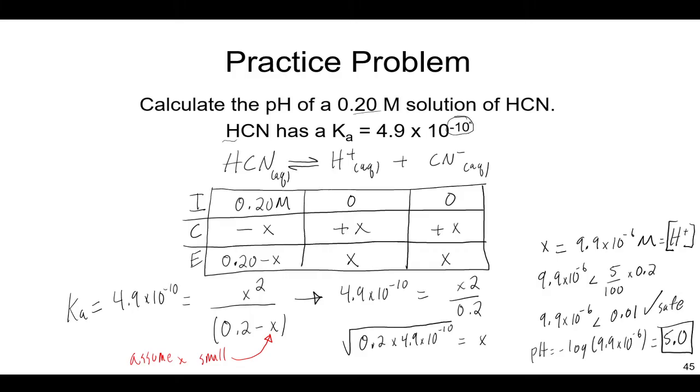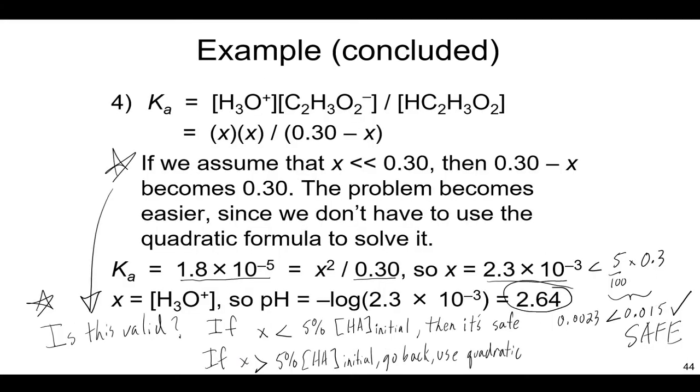So the pH, while acidic, should be just not very acidic. So 5 is less than 7. It's definitely acidic, but it's not super acidic, right? Back here, we had something that was a much stronger weak acid. And so the pH was a much lower number, 2.64. So conceptually, this all sort of seems to check out.